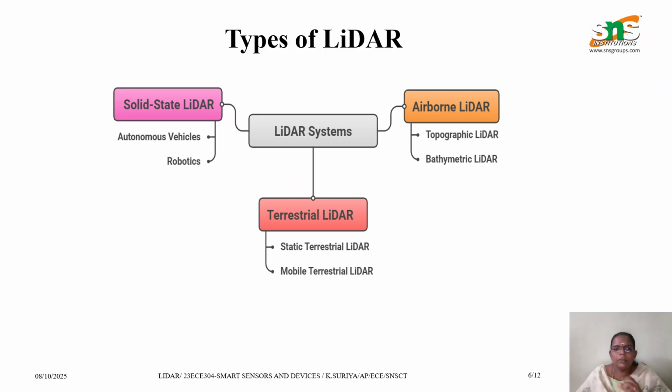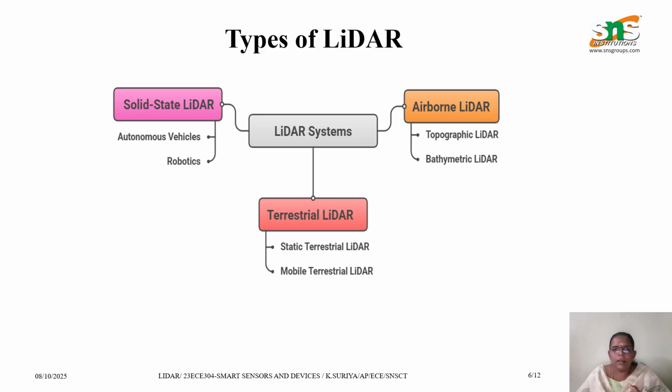Two types are topographic LiDAR and bathymetric LiDAR. Topographic LiDAR uses near infrared lasers to map the terrain, and bathymetric LiDAR uses green lasers to penetrate the water and map the underwater features.